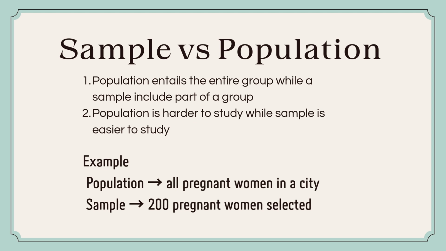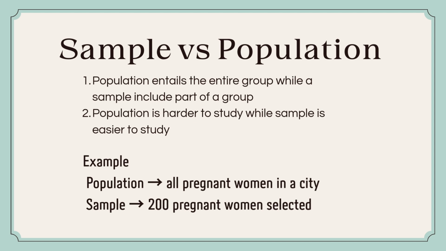So the difference between a sample and a population is that the population entails the entire group, while a sample includes part of the group. Right? Population is harder to study, in most cases impossible to reach, while a sample is easier to study. That's why it's very expensive to do a census.